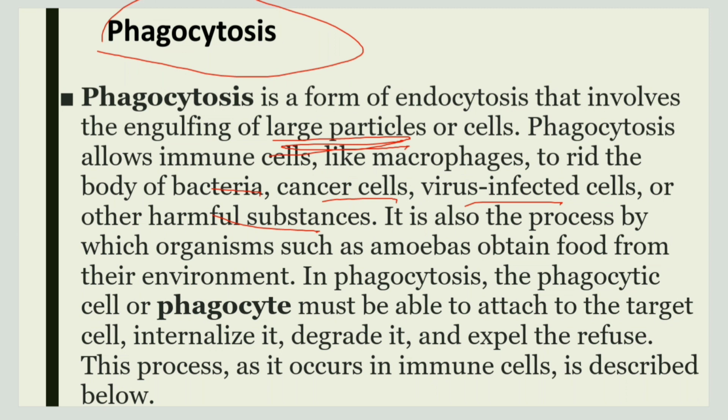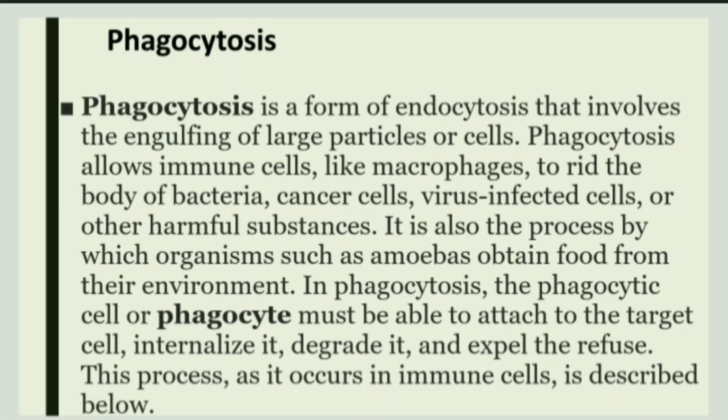Organisms like amoeba obtain their food by the process of phagocytosis. Phagocytosis is a type of endocytosis, and through phagocytosis, intake of large particles and cells happens.